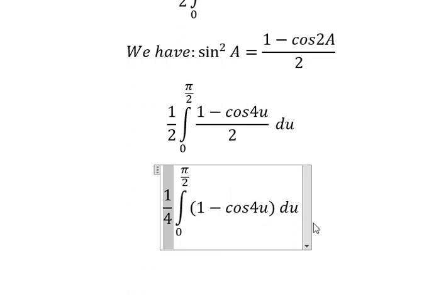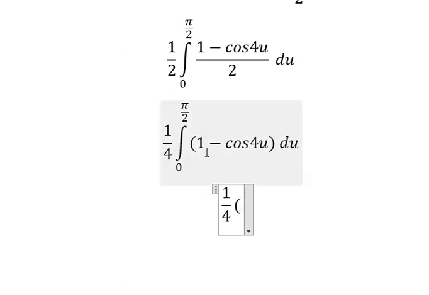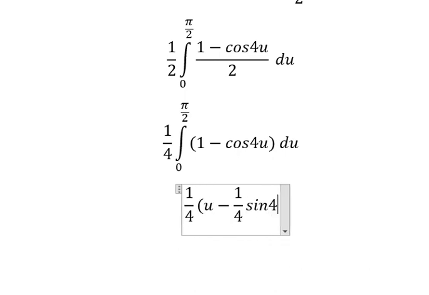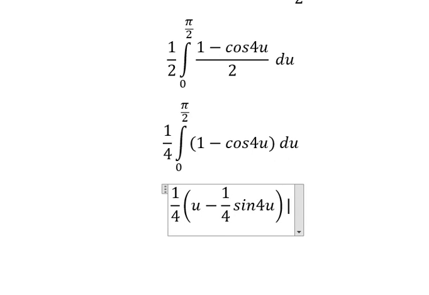And now we have the final answer. The integration of number 1, we have u. The next one, we have 1 over 4 sine 4u. And we put the bounds from 0 to b over 2.